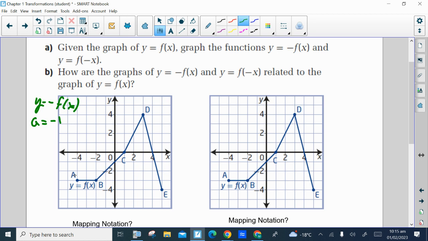So point A is 3 units below the x-axis. That'll reflect 3 units above the x-axis. Note the x value didn't change. The x value for both of these points, A and A prime, is negative 4. It's the y value that changed. It went from negative 3 to positive 3.